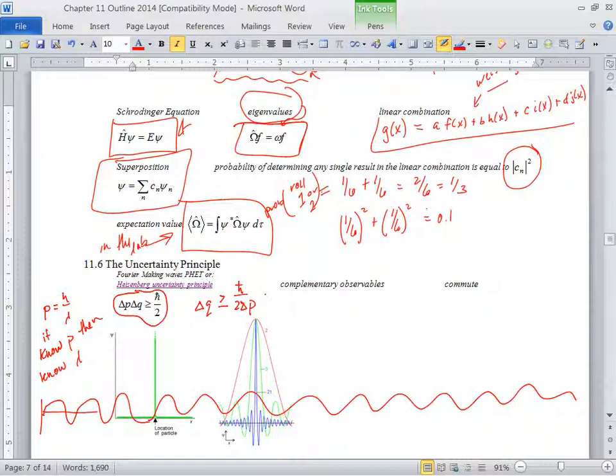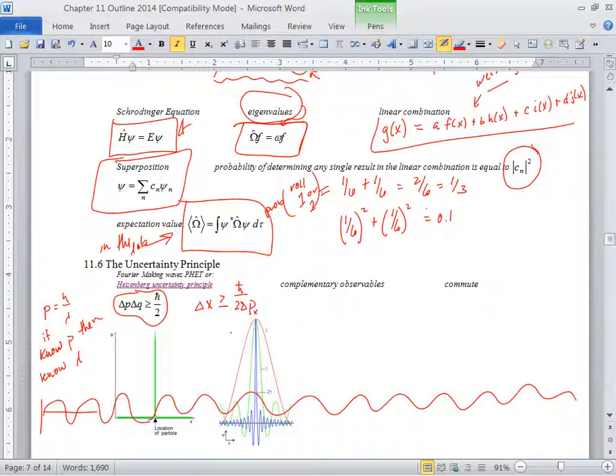So if you really nail down delta p in the x direction, then the uncertainty in position, you can have no idea where it's at. The range is huge. Okay. So this always works.